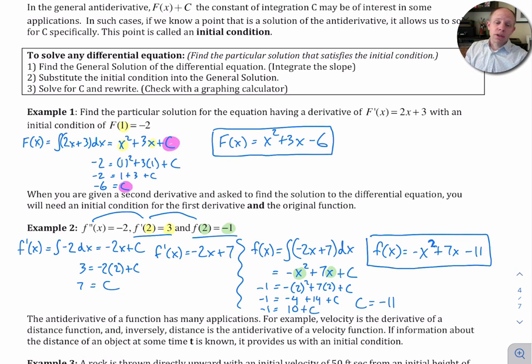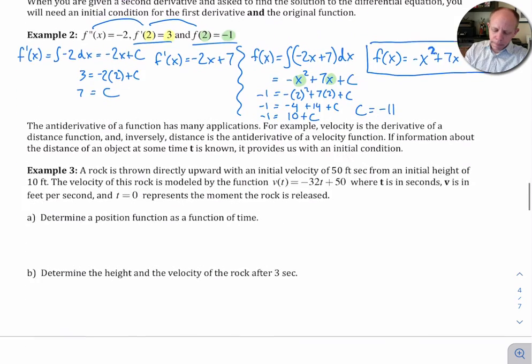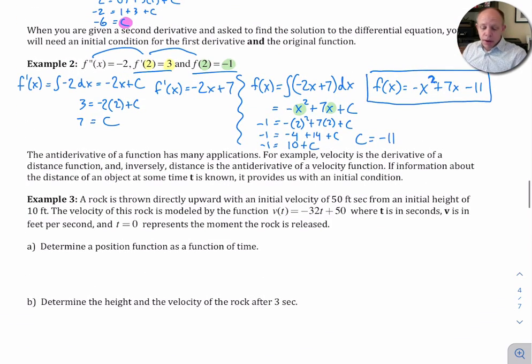All right, so not any more difficult when you are started with the second derivative. You just have to do the process a couple times there. All right, now the antiderivative of a function has many applications. So for example, velocity is the derivative of a distance function. Remember that? So if you had a position equation s at t, the velocity would be the derivative of position.